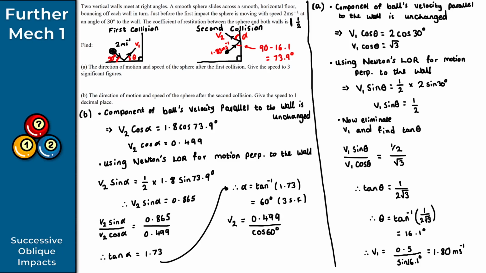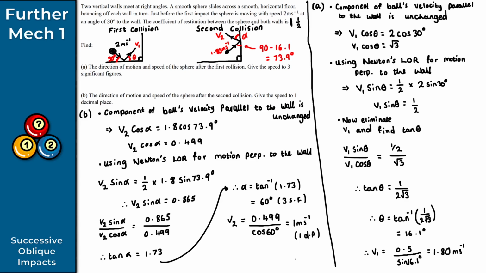Put this into your calculator, and to one decimal place what I get is 1 meter per second. That is to one decimal place, so just make a quick note here: 1 dp for one decimal place.